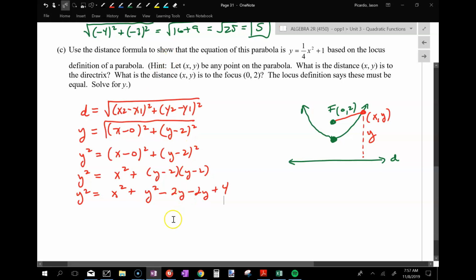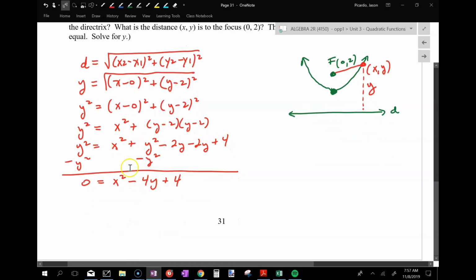Now, that seems complex, but it's actually not, because if I subtract y squared, what happens? The y squareds are going to cancel out. So right now I get 0 equals x squared minus 4y plus 4.